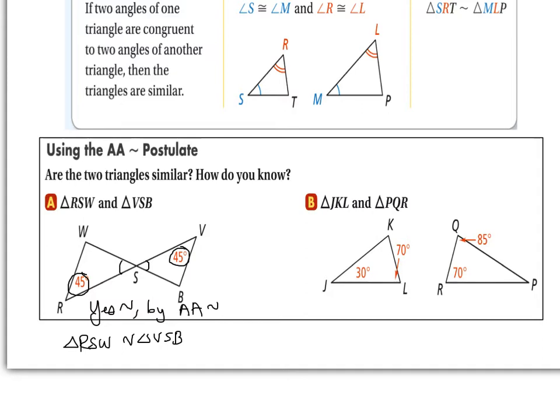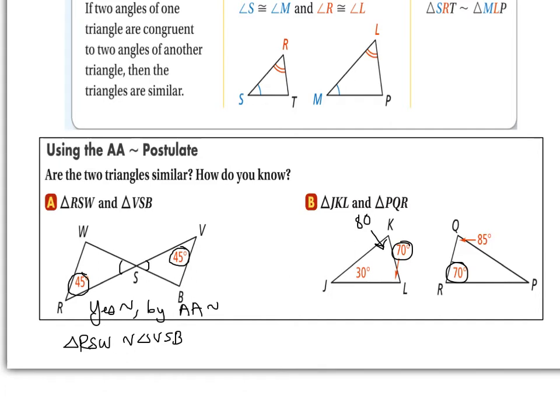Okay, so again, all you have to do is show that two of the angles are congruent. Now, as you look at letter B, we've got one 70-degree angle, so we're good there. These two angles are 70-degree, angle R and angle L. And then we've got 85 up top, and we've got a 30 on the bottom. Now let's take the left triangle first, and let's fill in the other angles. We know if one's 70 and one's 30, that's 100. That means this angle right here is 80.